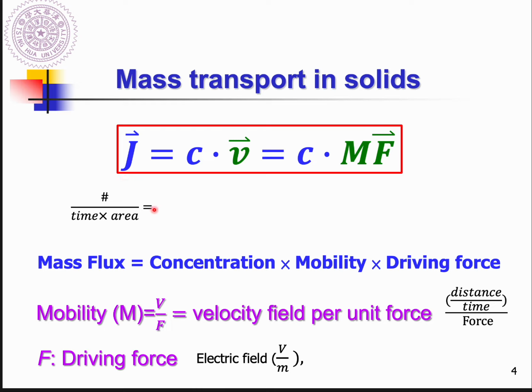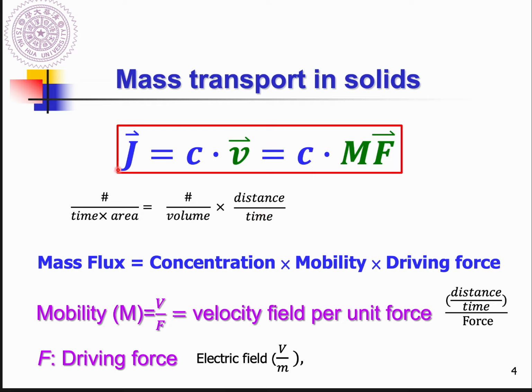Mass flux equals concentration times the velocity. Concentration is how many atoms are in a unit of volume, and the velocity is the total distance of these atoms moving within this time period.